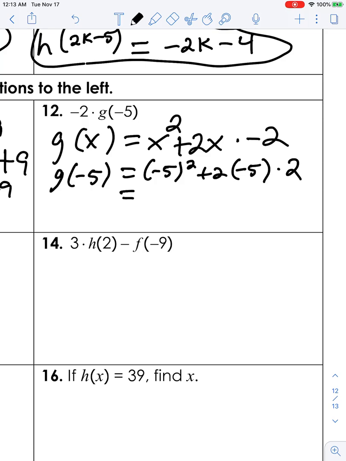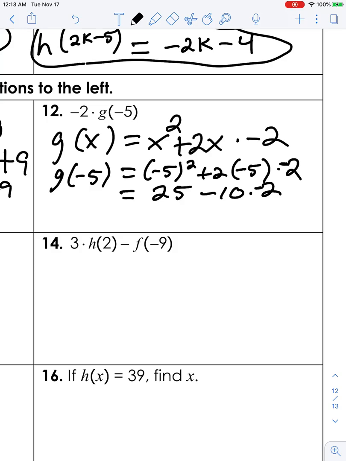So now we solve. -5 inside parentheses squared is +25. All right? 2 times -5 is going to be -10. And then obviously we do multiplication first. I'm sorry, that's actually a -2.